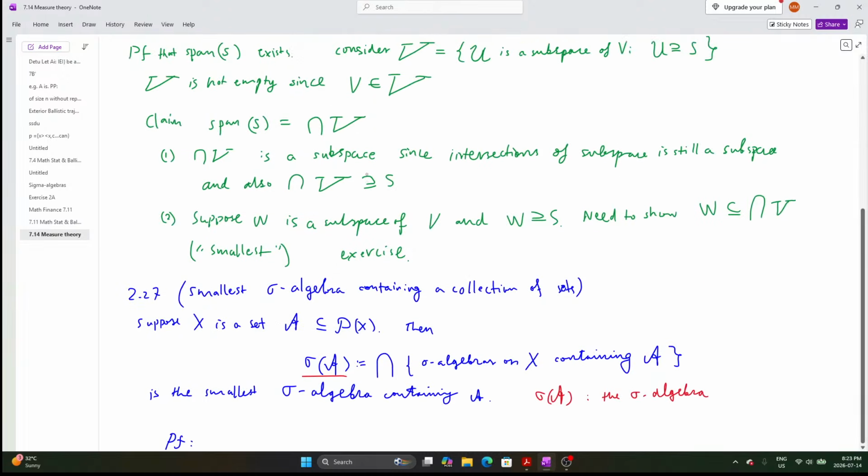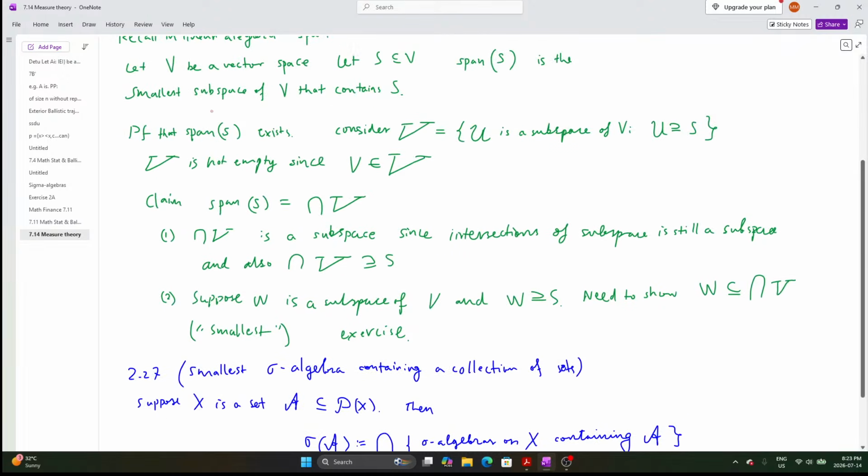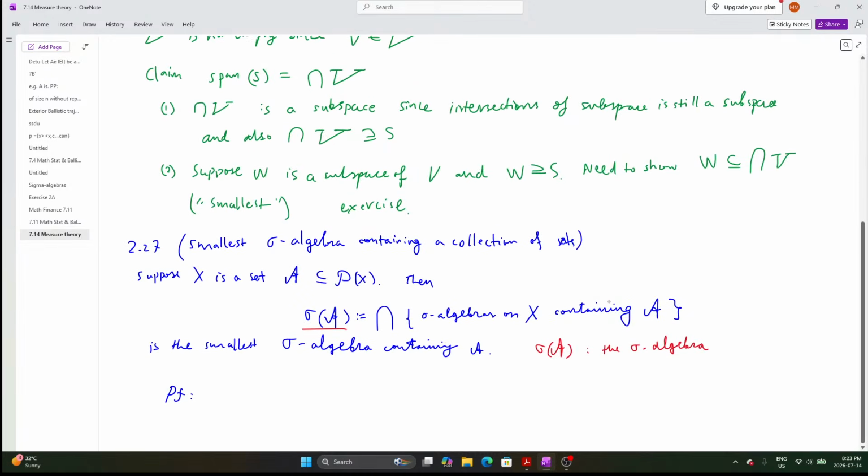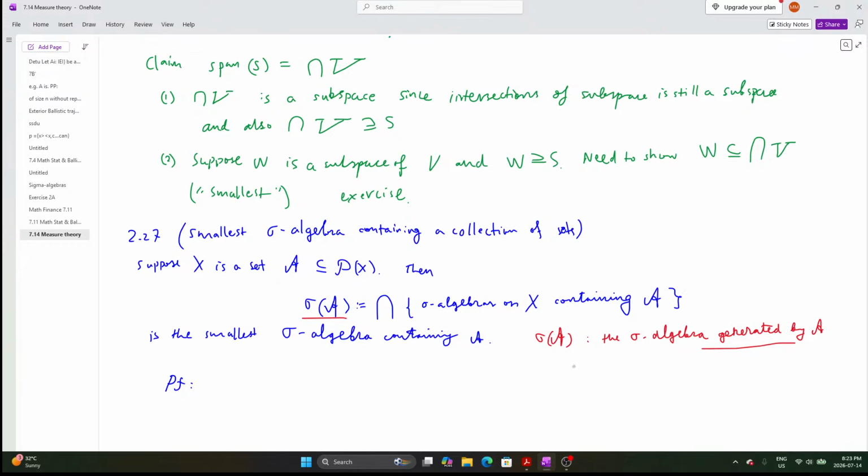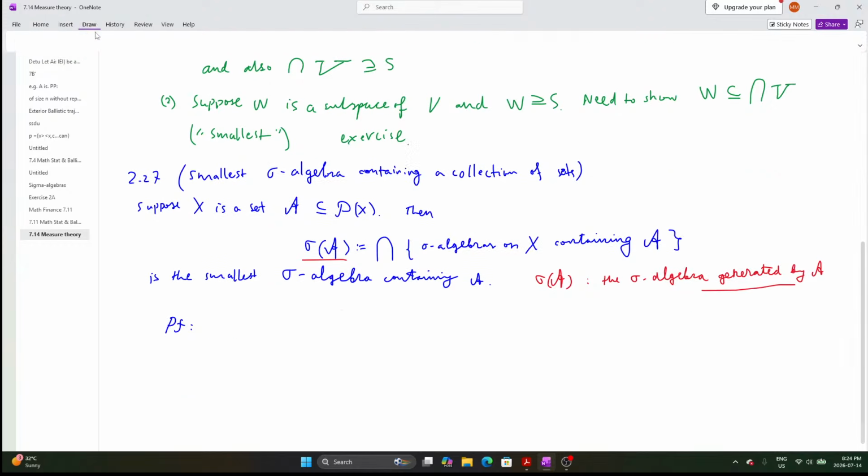Can you imagine every time you say span, you have to say the smallest subspace of S that contains S? That would be long. So, the sigma algebra generated by A. Okay, let's do the proof. It suffices to prove that sigma of A is indeed a sigma algebra.